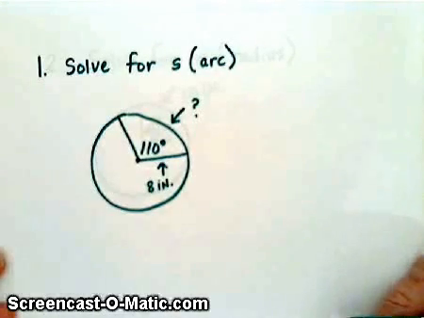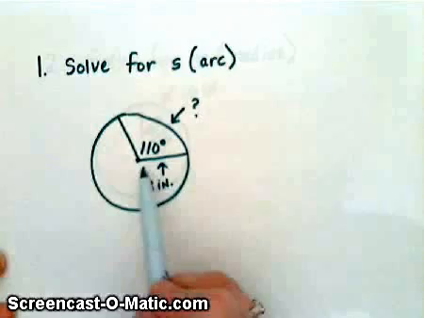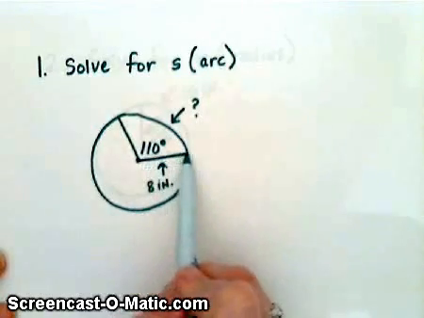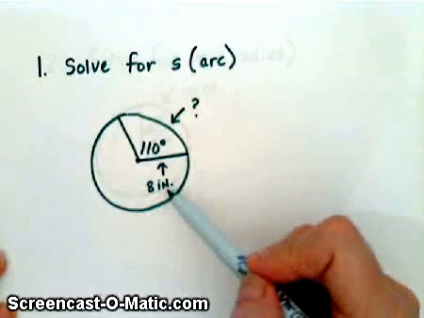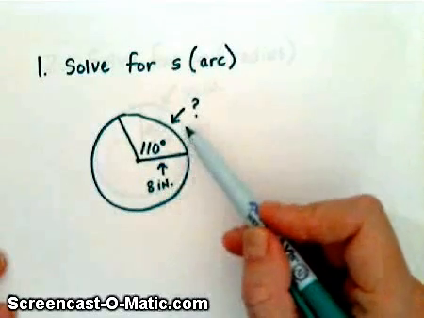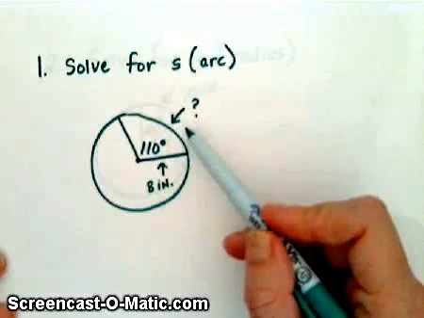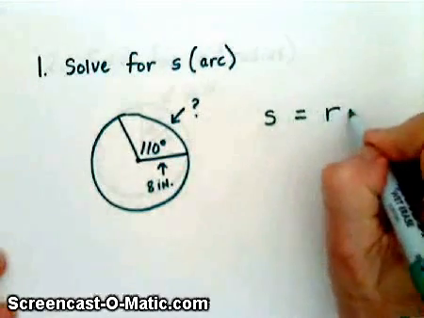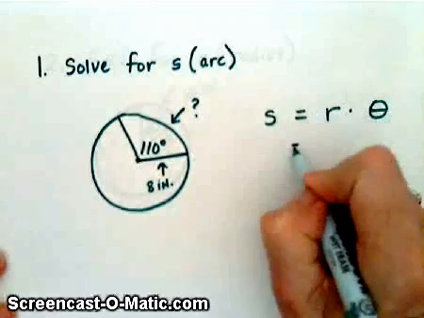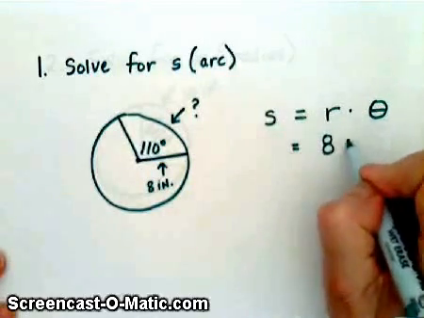So here's the first picture. Solve for S in this picture. Your radius is 8 inches. Your central angle is 110 degrees. Because this radius is in inches, this arc length will also be measured in inches. So our formula is S is equal to R times theta. Obviously the R is 8 inches times theta.